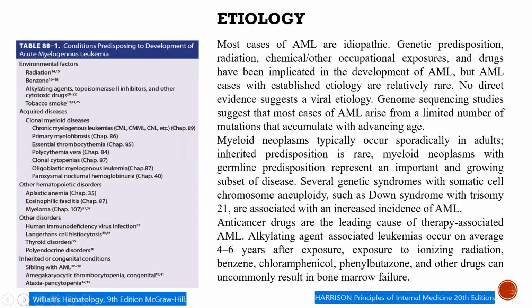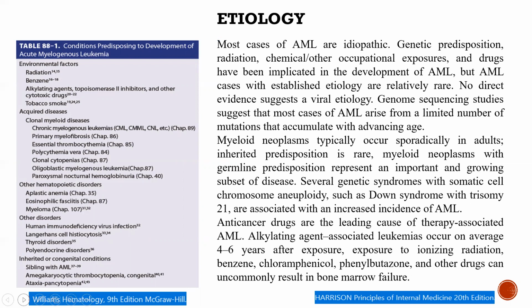Genome sequencing studies suggest that most cases of acute myeloid leukemia arise from a limited number of mutations that accumulate with advancing age. Myeloid neoplasm typically occurs sporadically in adults. Inherited predisposition is rare, and myeloid neoplasm with germline predisposition represents an important and growing subset of disease.